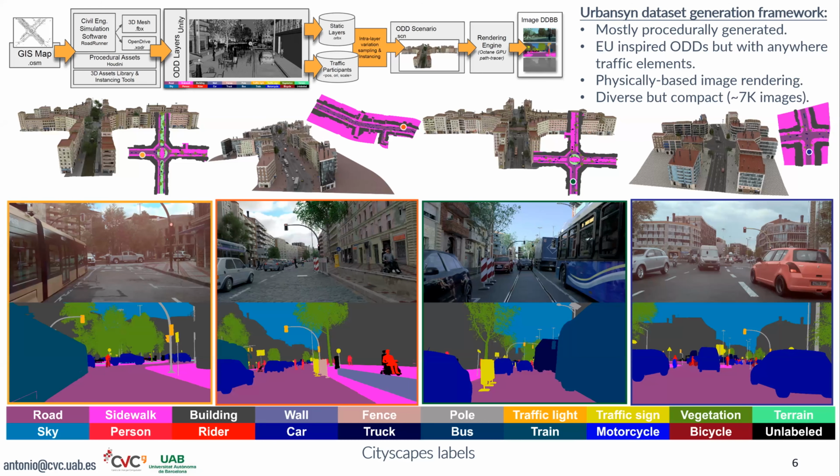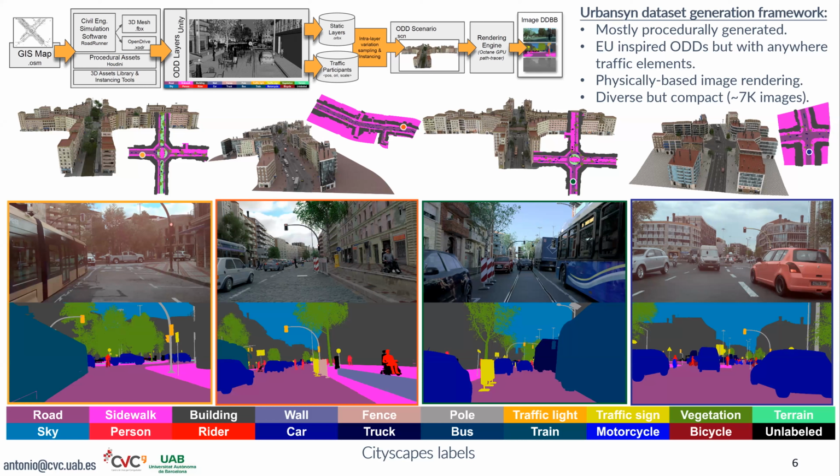And what we did was to design different ODDs, with the hope that they would help us to produce images that were different enough from GTA 5 and from Synscapes.